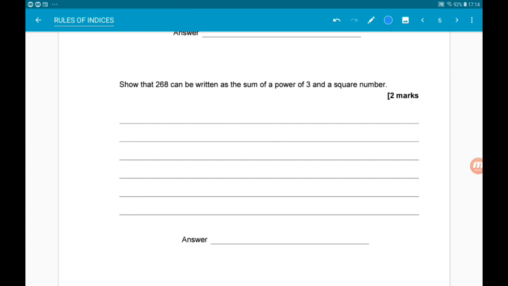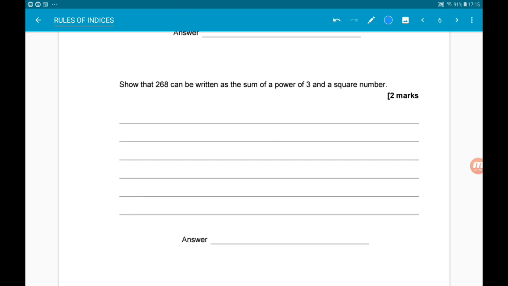Next up, we want to show that 268 can be written as the sum, so that means we add together, of a power of 3 and a square number. So when it says a power of 3, that means 3 to a power.